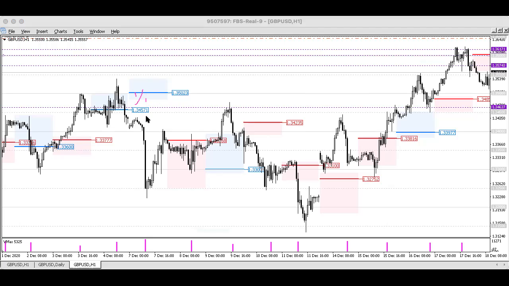Clearly prices opened at this level, so they were all below the price in the zone. So all we're looking for is to sell this market during the opening of the session.